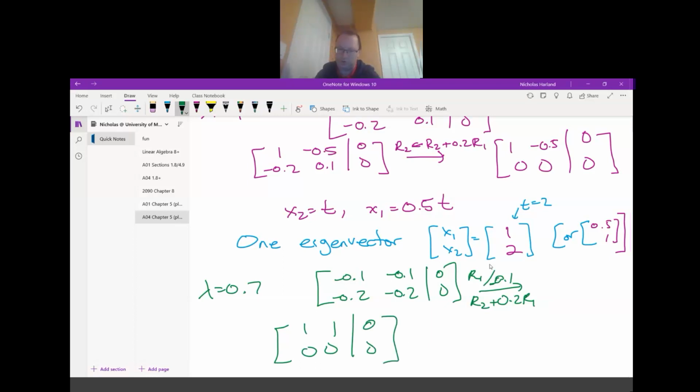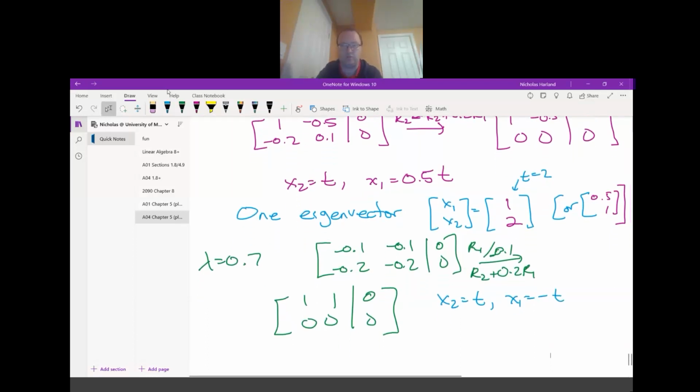So again, I'm going fairly quickly through the row reduction. And so we get x2 equals t, x1 equals negative t.